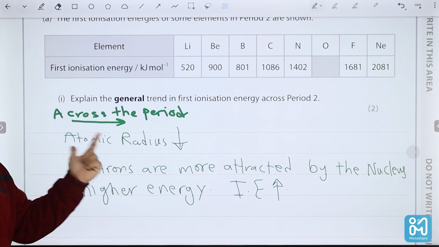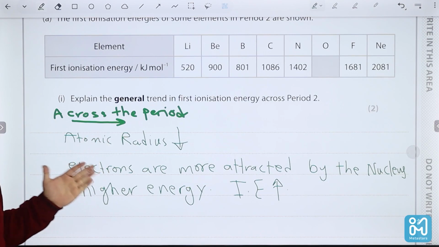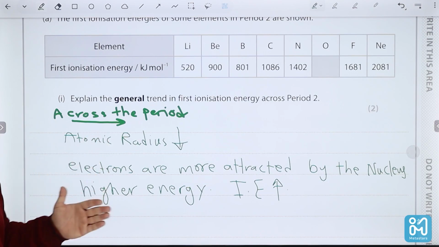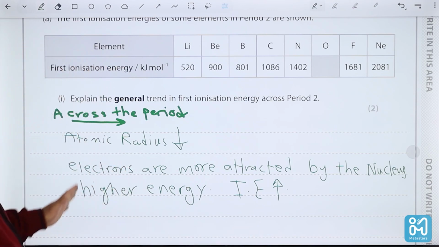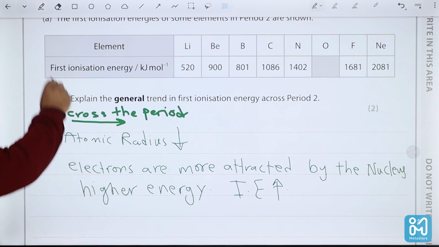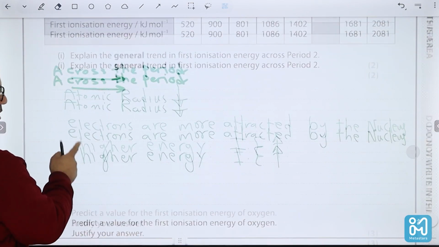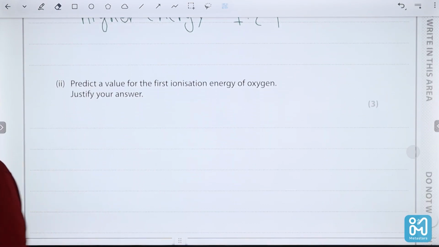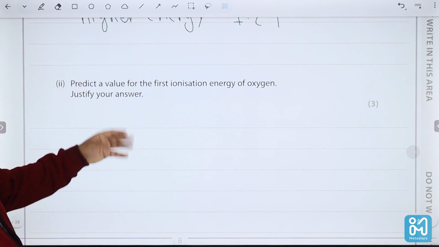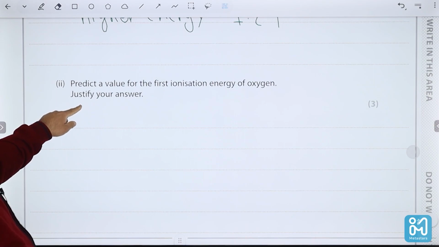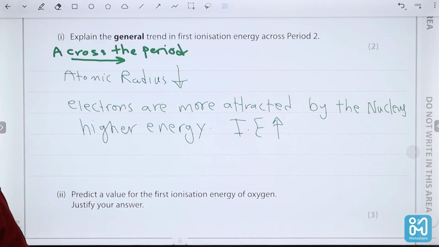That's because the atomic radii decrease and the attraction force between the nucleus and the electrons is higher. So the general trend is the increase in the ionization energy. He's asking you to predict the first ionization energy of oxygen and justify your answer.